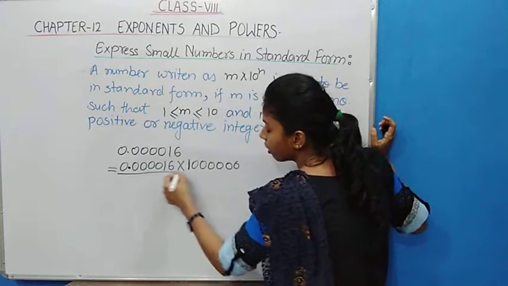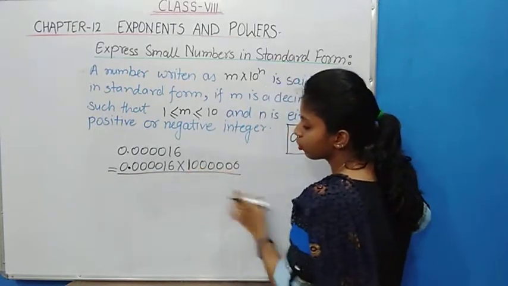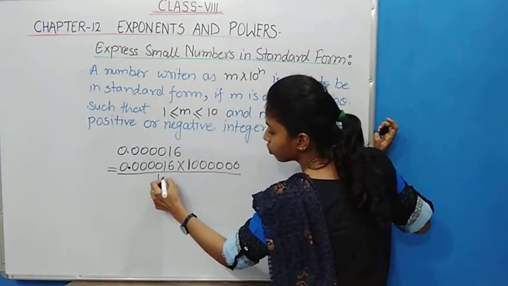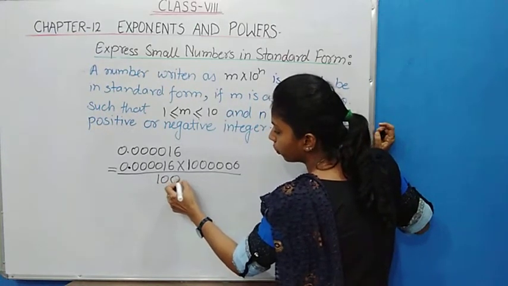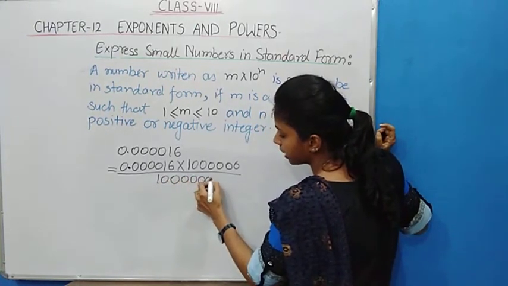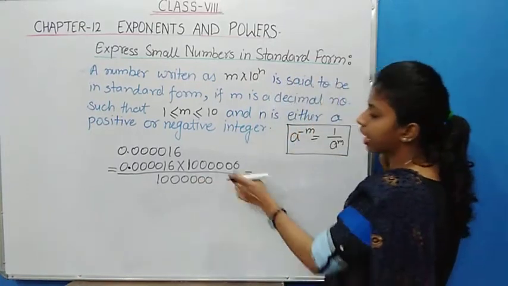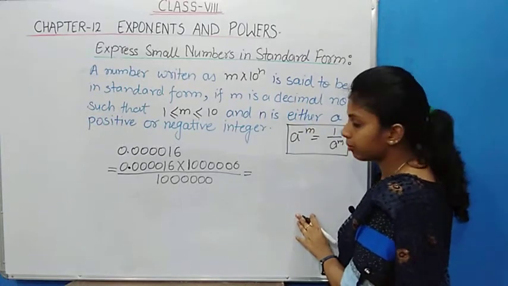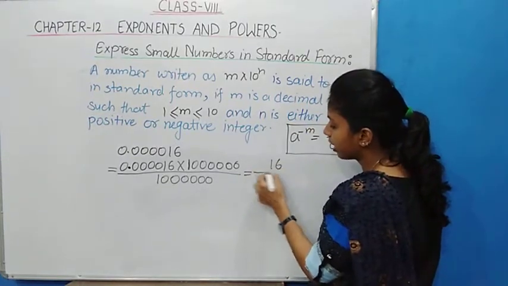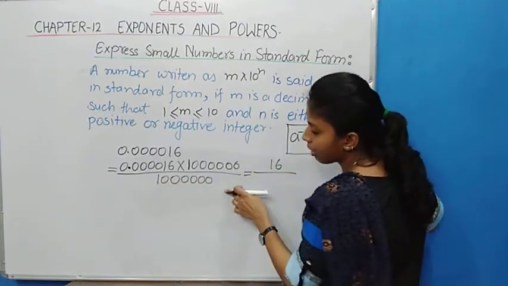Okay, now if we multiply with this number, we have to divide also. So I'm going to divide with 1 and 6 zeros. After multiplication, of course, the decimal is going to be removed. So we get 16 divided by this number.